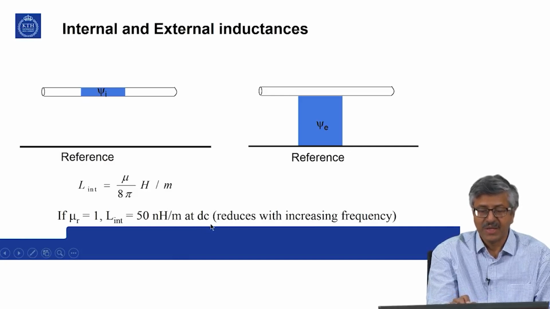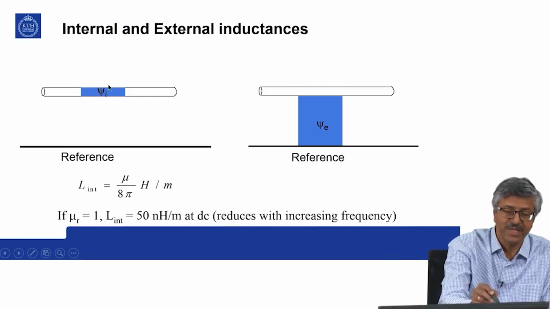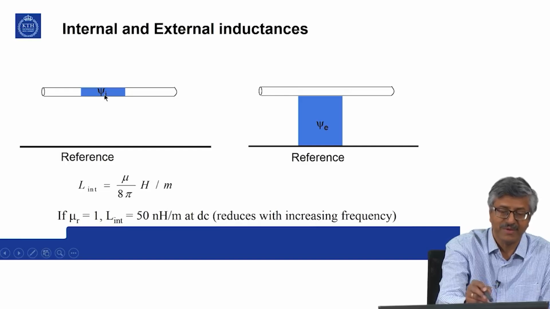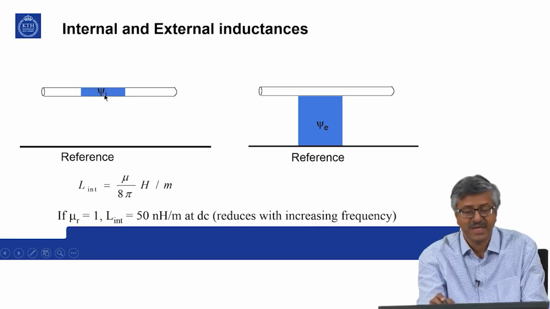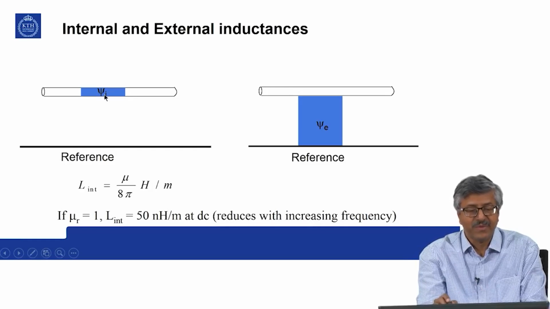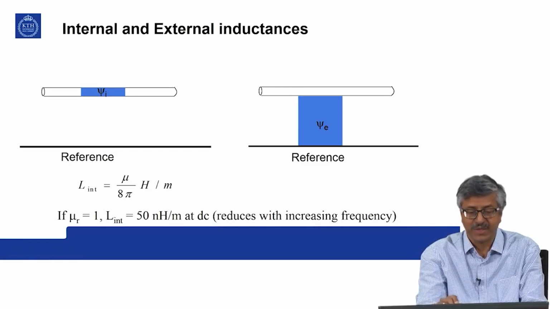The internal inductance reduces with increasing frequency, because as you increase the frequency, you do not have that much flux linking with it, because the currents are more confined to the periphery. You can set up the equations and find that the inductance will be reducing with increasing frequency.